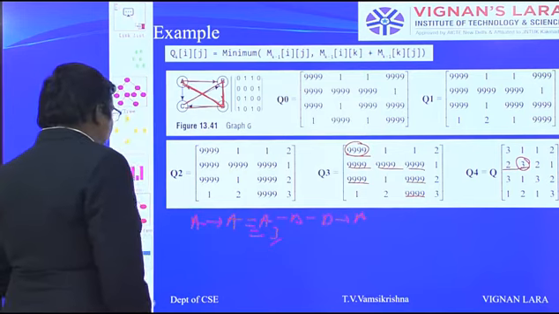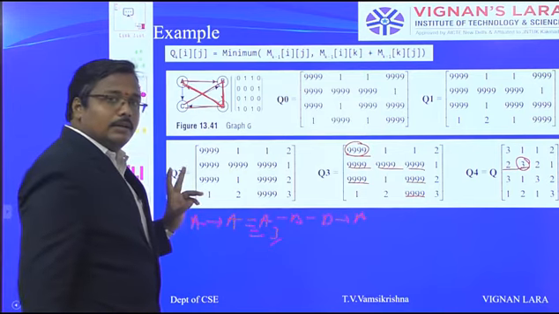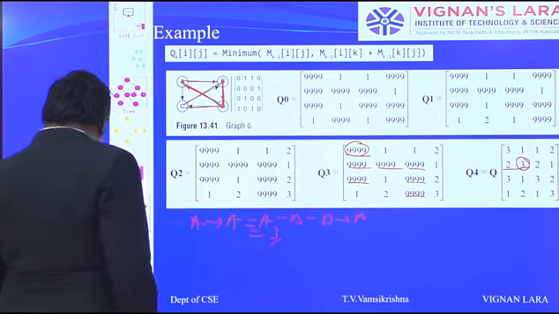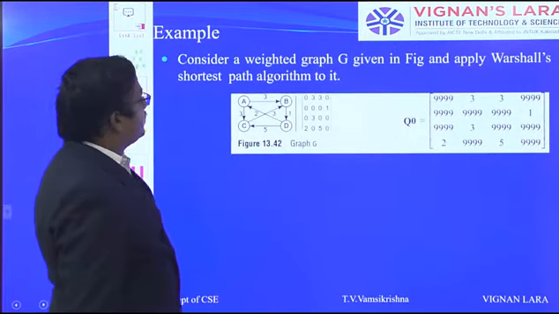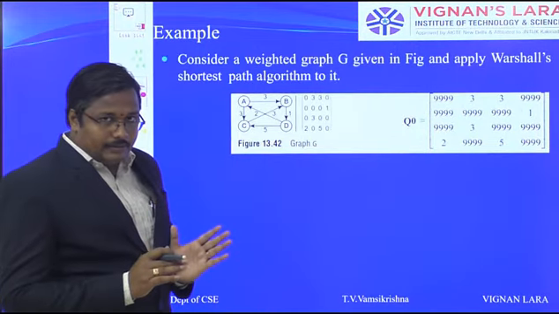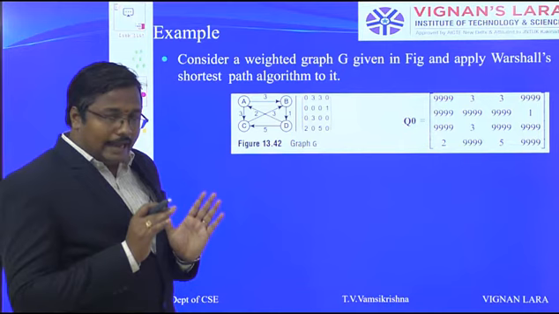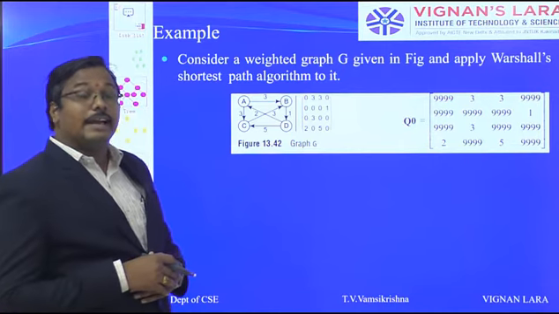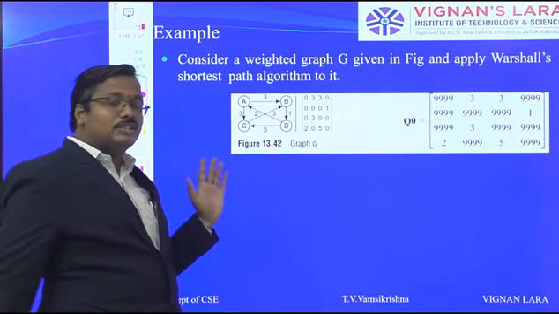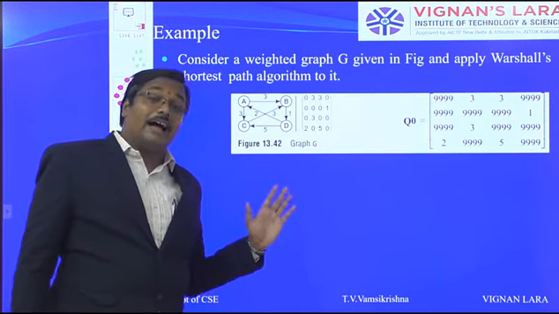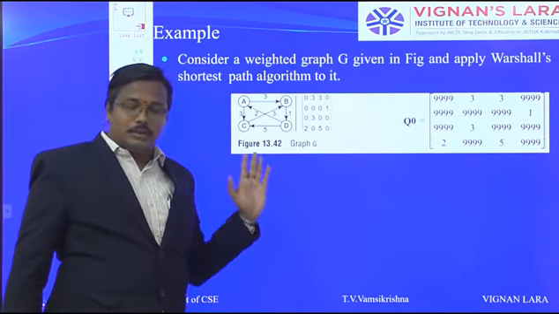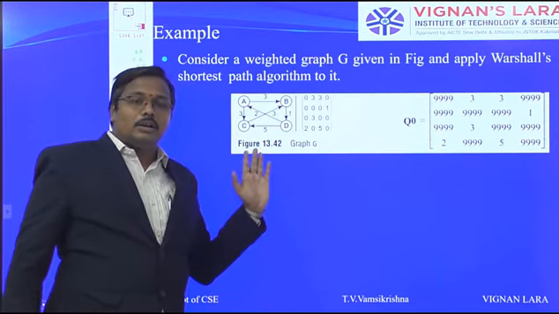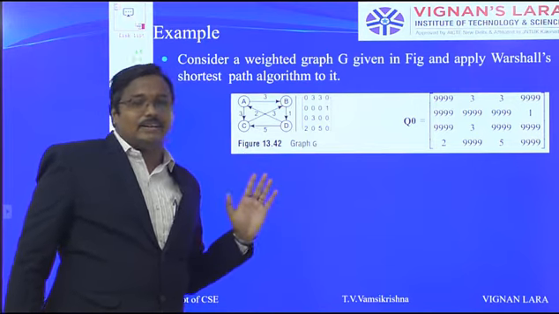Okay, so this is about undirected unweighted graph. So right now we are moving to directed weighted graph. In the previous one also we saw directed unweighted graph. So right now we are discussing directed weighted graph.